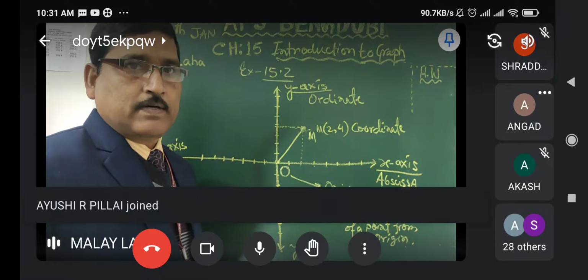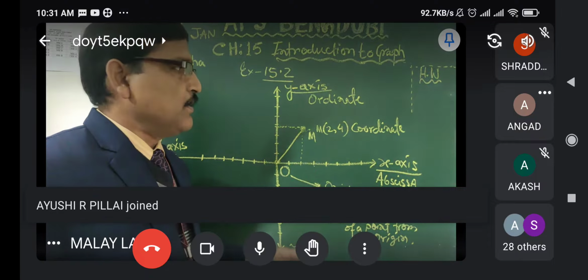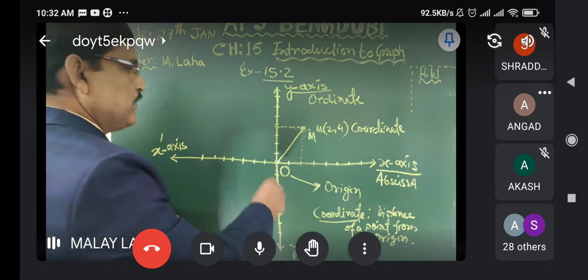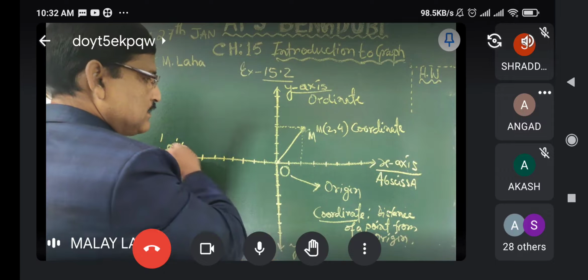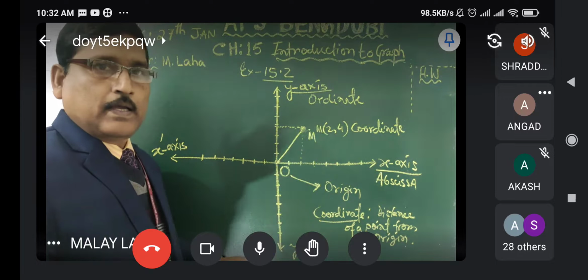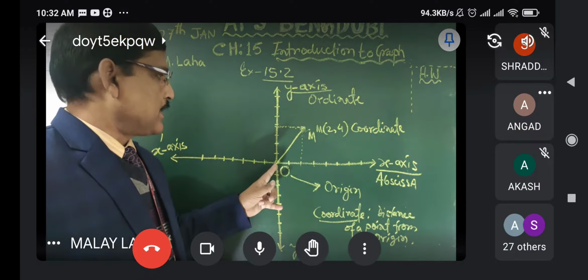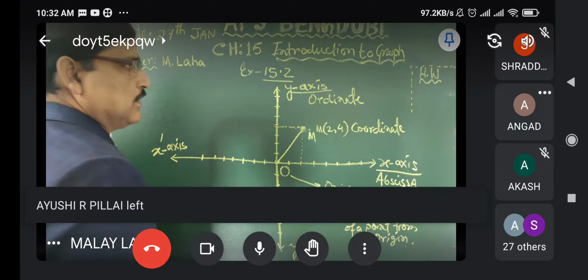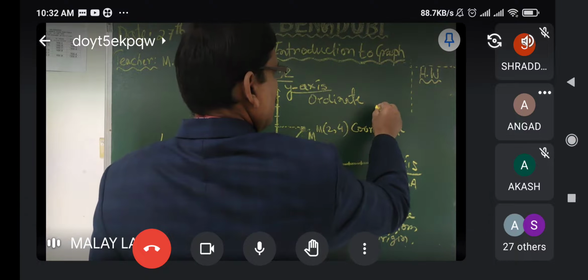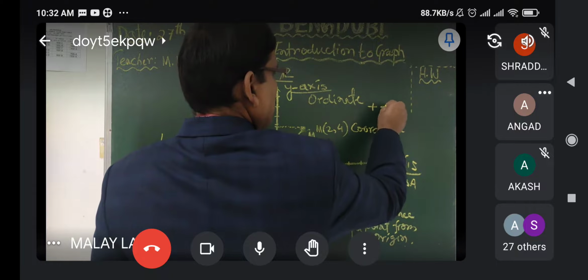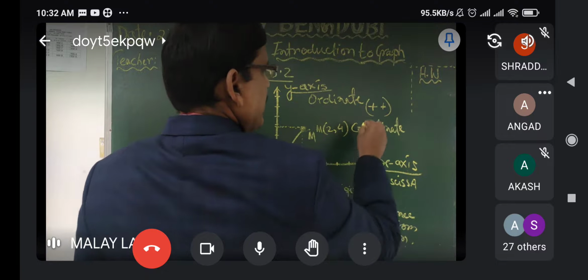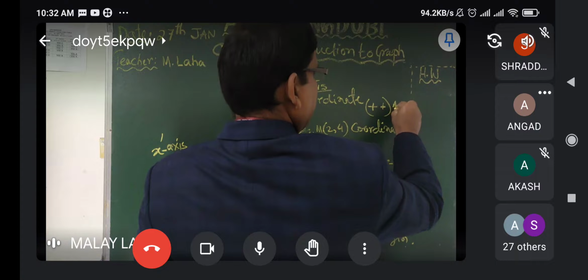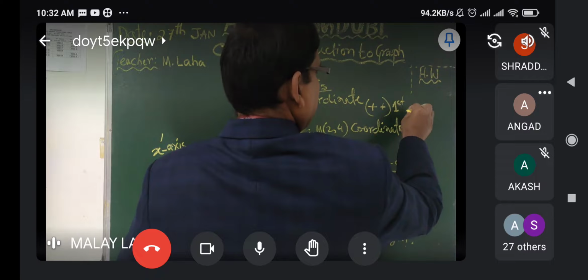Now in your syllabus, what I have noticed, they are only considering one quadrant. When we draw the x-axis and y-axis on the graph paper, it is divided into 4 parts. 1, 2, 3 part. So this part, where both x and y are positive, is called the first quadrant.